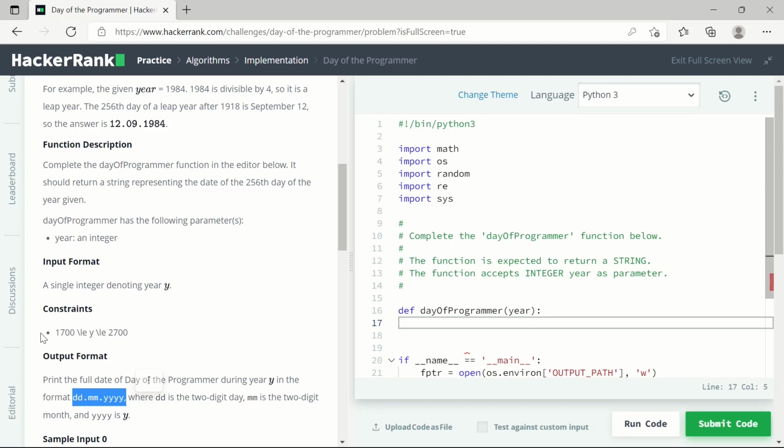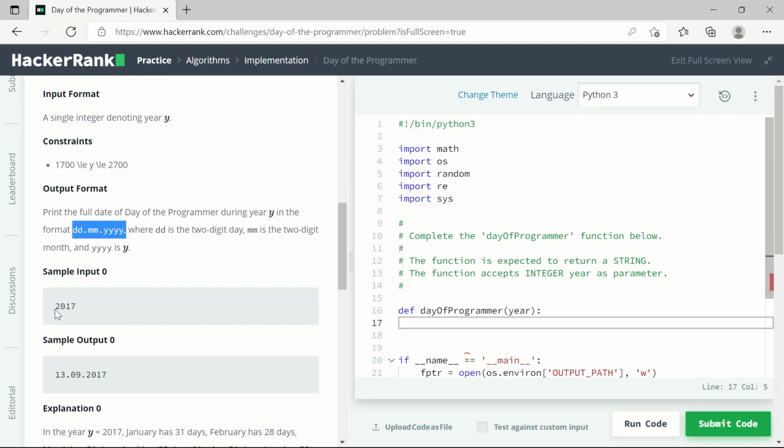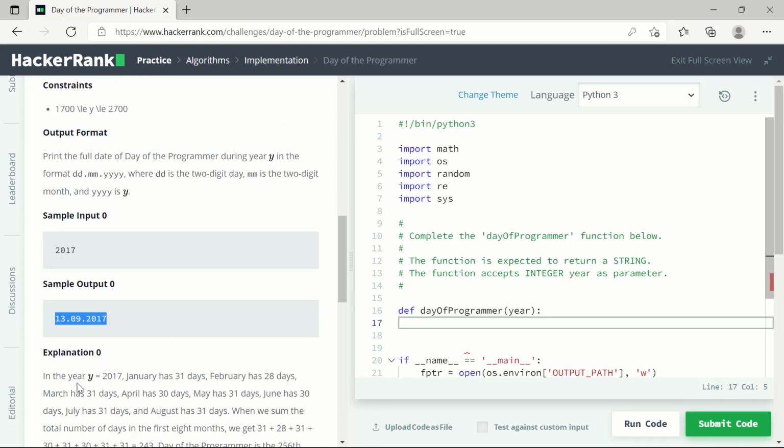The constraint for this problem is that whatever year value we enter must be greater than or equal to 1700 and less than or equal to 2700. If you look at the sample input given here, 2017, now 2017 is not a leap year. So for this, the 256th day of the year will be 13th of September.